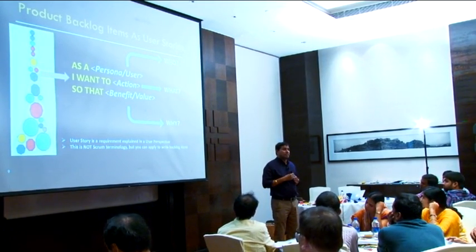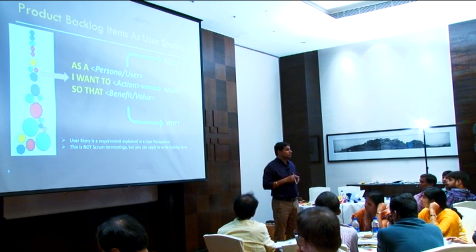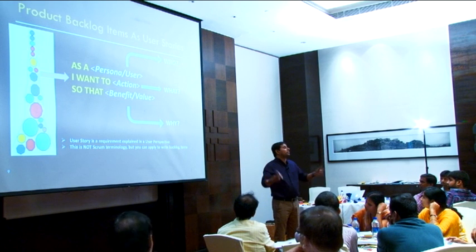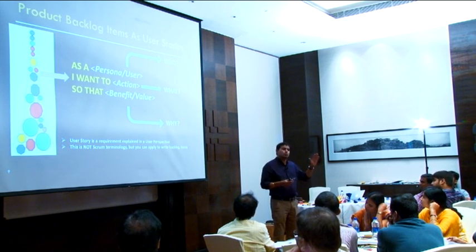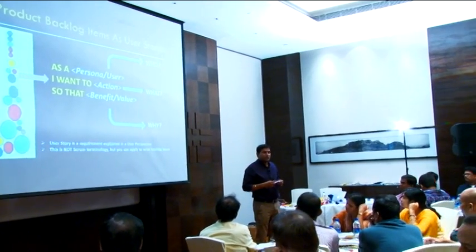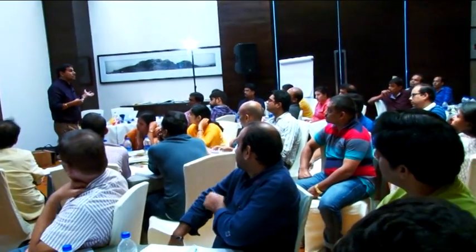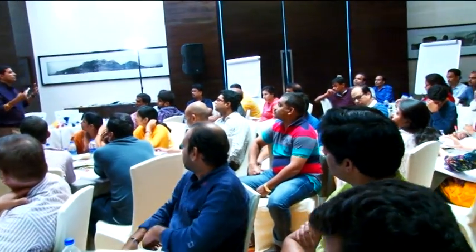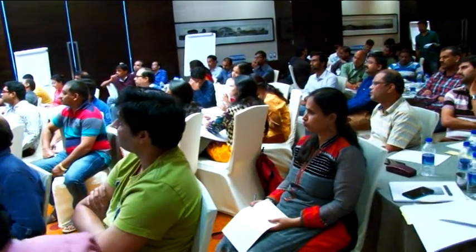You are constructing a railway platform. What could be your extreme personas? Wheelchair users. Because unless you consider them, if you don't build the slope, they cannot use it. So when you are identifying personas, also try to identify whether there are any special personas whose uses we need to cater for.